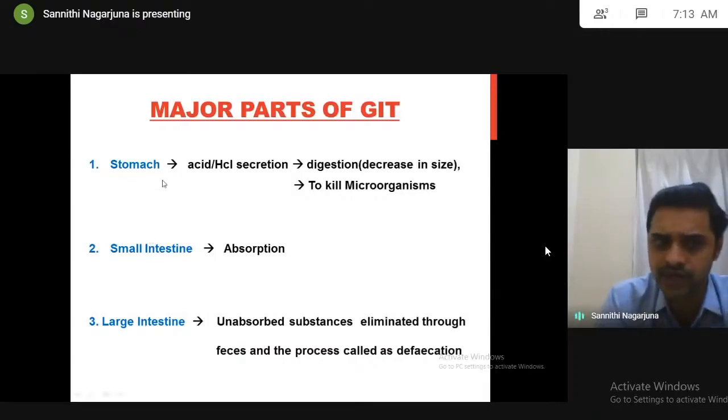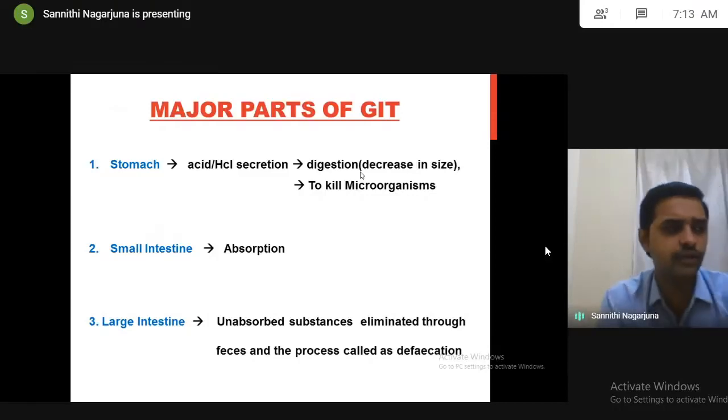So if you come to the function, we all know that the stomach is the organ involved in the secretion of acid or HCl. What is the function of this acid? It is for the process of digestion. What is digestion?